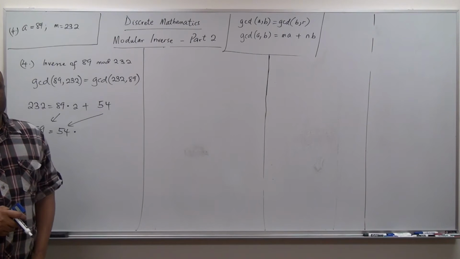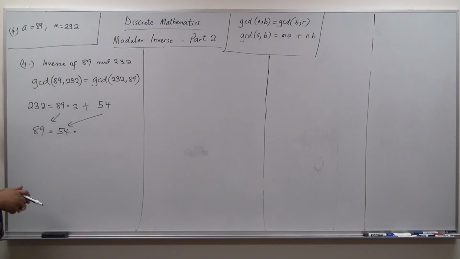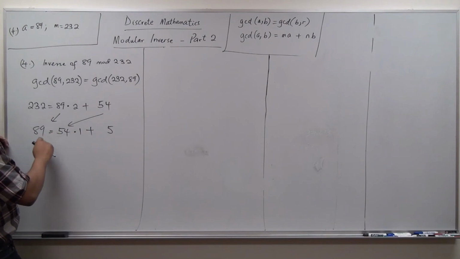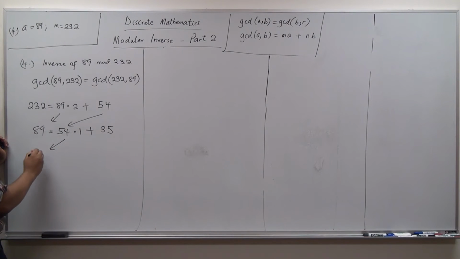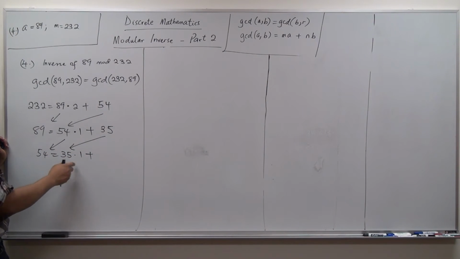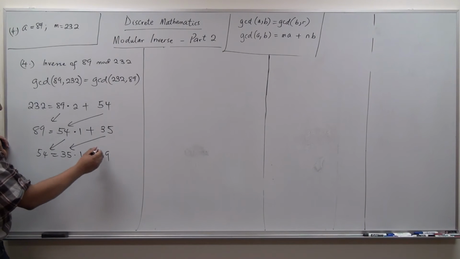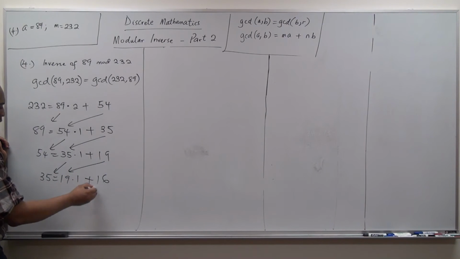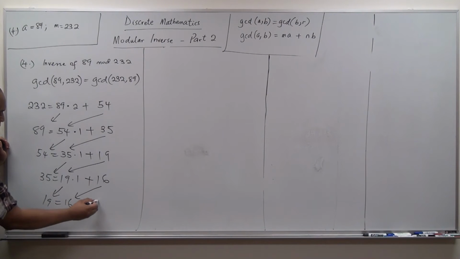You have to view those videos as well. Okay, so continuing down the steps of the Euclidean algorithm, with each remainder computed the same way, until we get 19 equal to 16 times 1 plus 3.